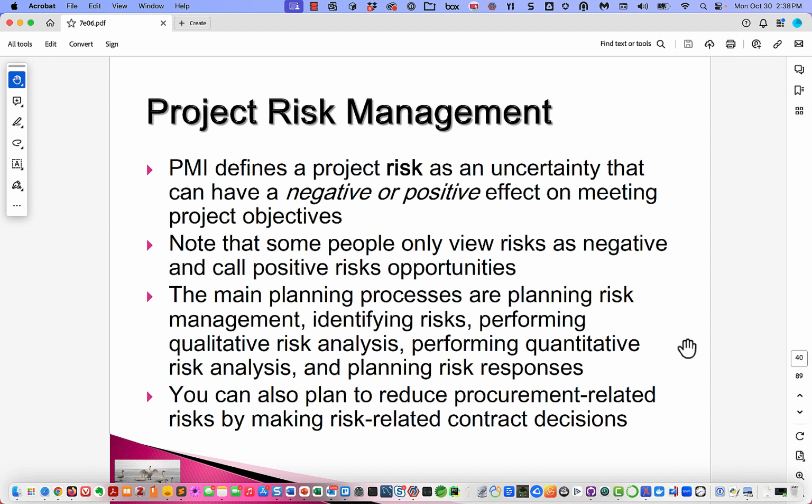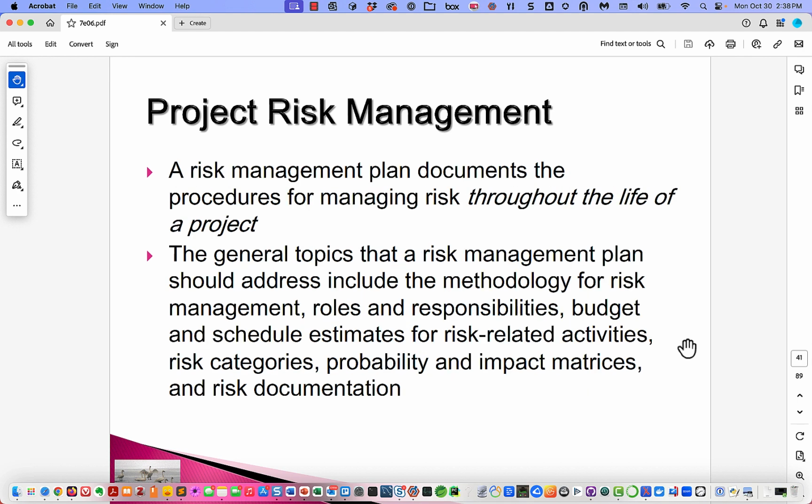Planning risk responses is a big thing because a lot of times when the risk actually comes to pass, when the event actually happens, we don't always have the time or the clear headedness to plan a good response. It's good to have one already in the can. You can also plan to reduce procurement related risks by making risk related contract decisions.